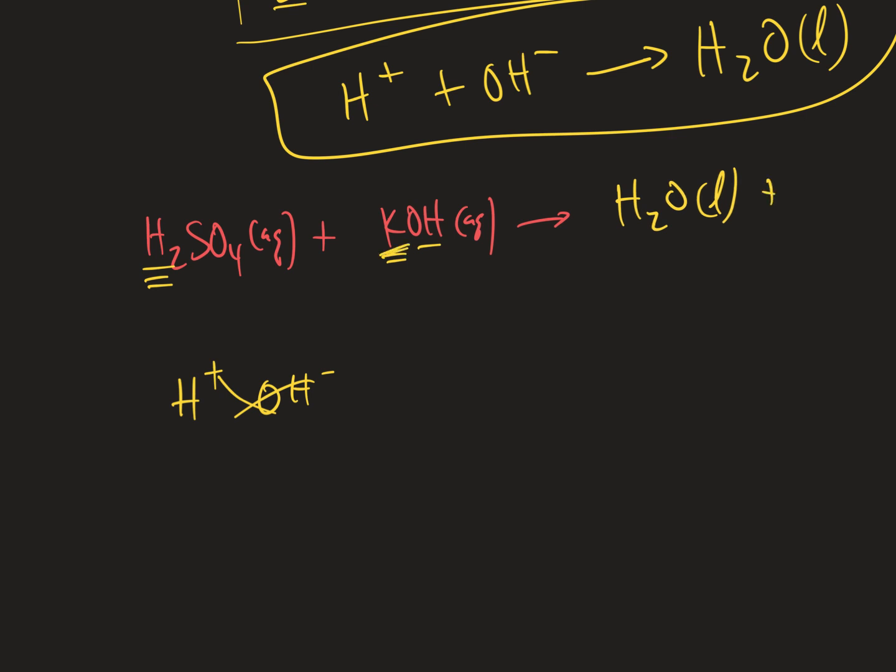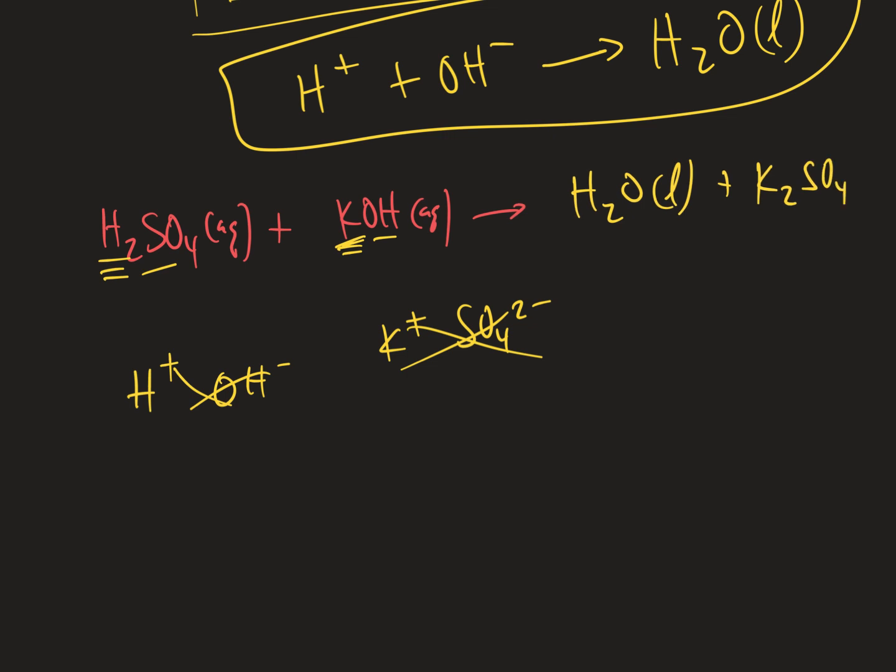And then potassium is K plus. We find that from the periodic table. You with me? Okay. And sulfate, what's sulfate? SO4 2 minus. We have to know those. Then we cross those charges and we get what?